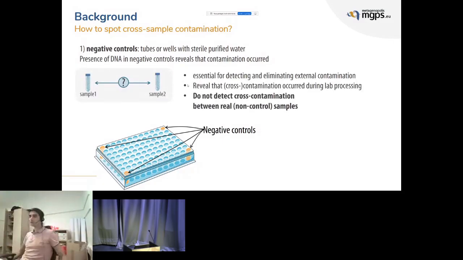So negative control is essential, a very powerful technique to detect and eliminate external contamination, but it's limited for detecting cross-sample contamination. It can reveal that cross-sample contamination occurred during lab processing, but it cannot detect cross-sample contamination between real, meaning non-control, samples, because the contamination sink is necessarily the negative control and not a real sample.